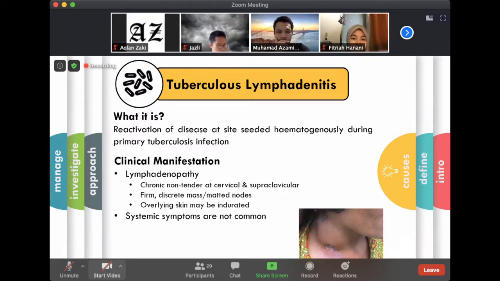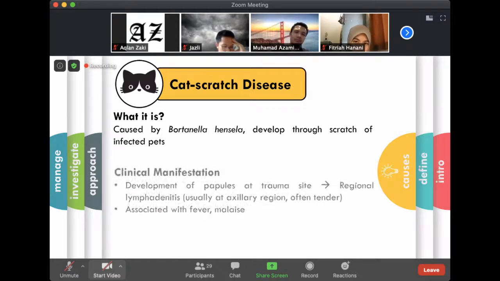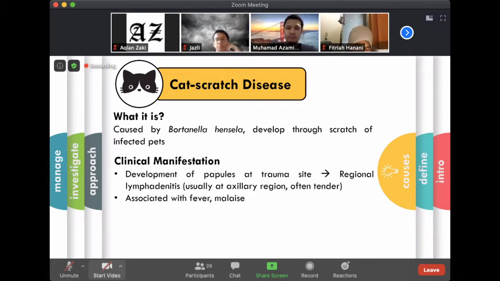The next one is cat scratch disease, caused by infection through the scratch or bite of an infected pet, particularly a kitten. The location of lymphadenopathy depends on the site of inoculation, and the most common locations are axillary, cervical, and supraclavicular.